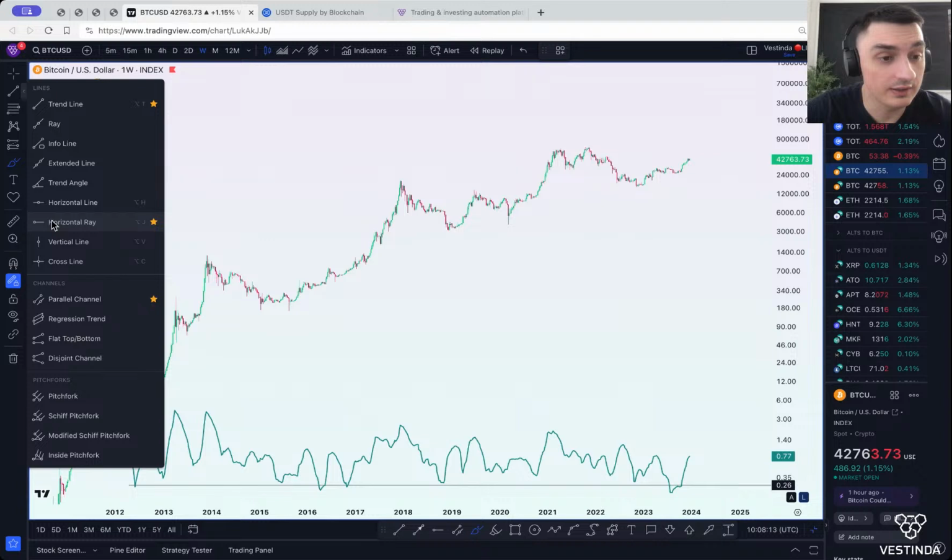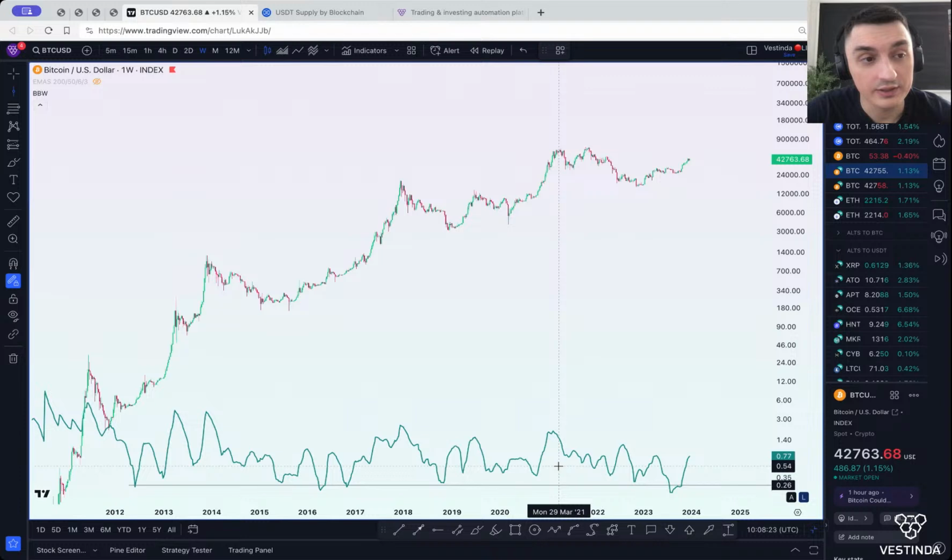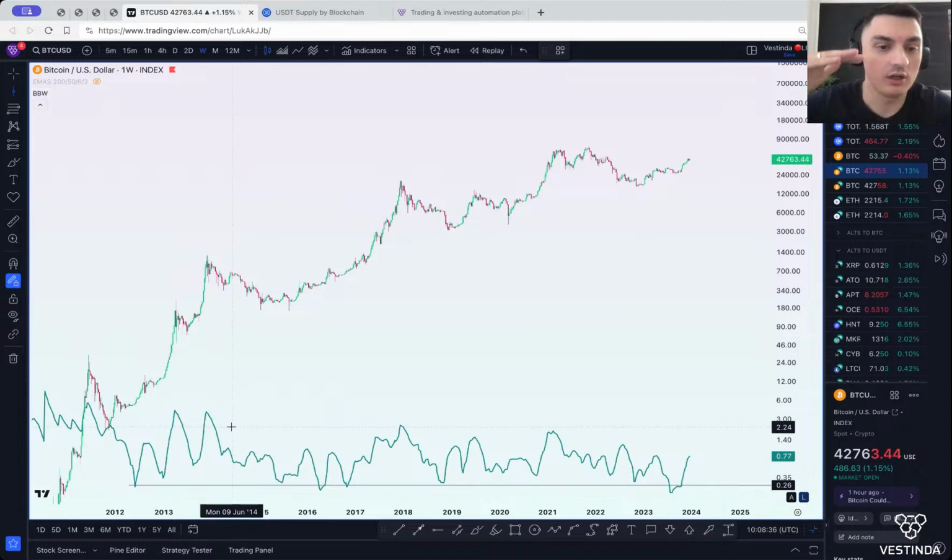On the bottom of the chart, you can see this line. This is the Bollinger Band width, an indicator showing the width of the Bollinger Bands. So it's kind of a metric of the Bollinger Band.